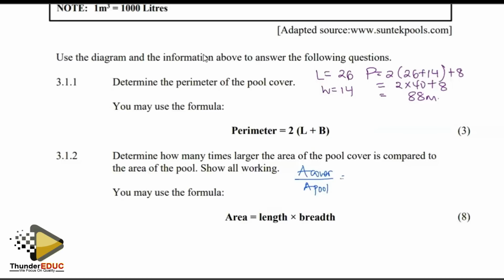So we shall say 404 divided by 32, which is 1,26.